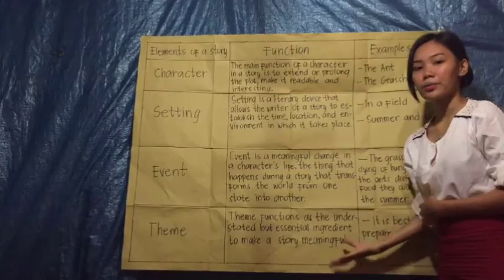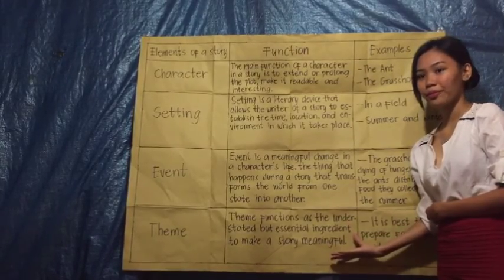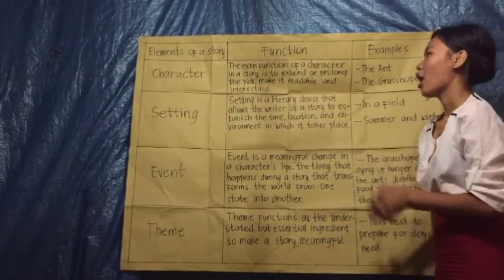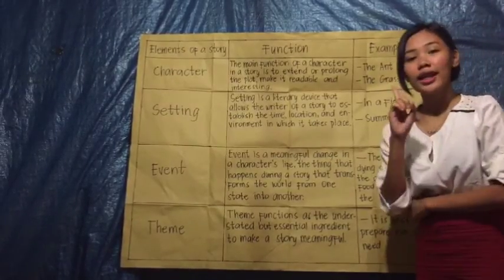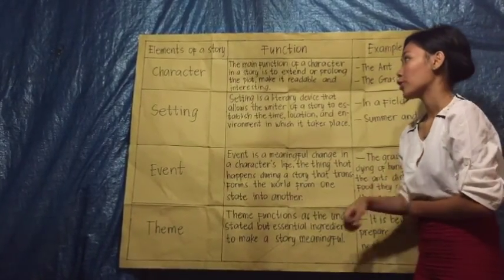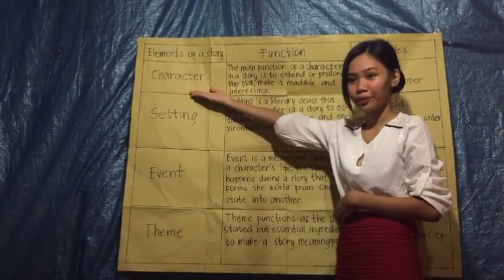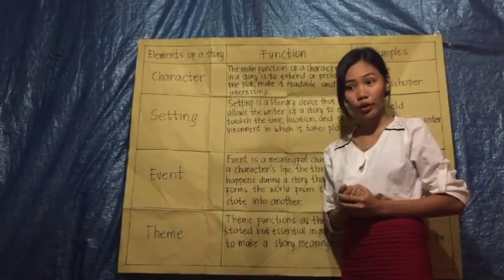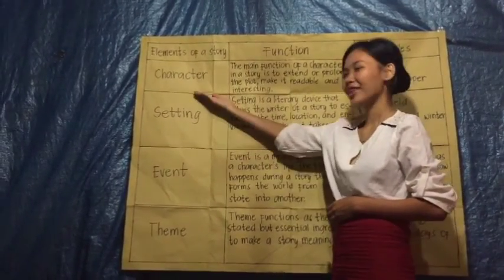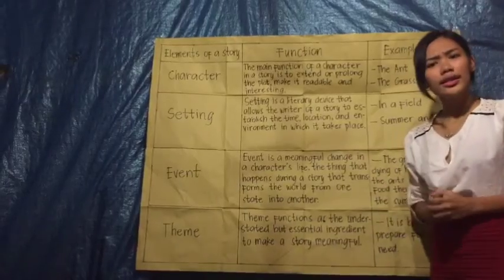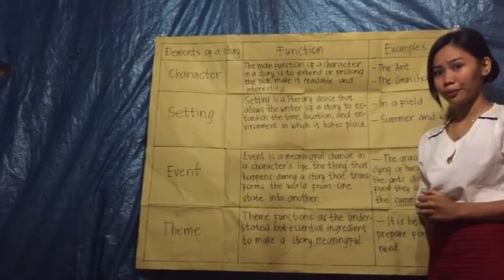Can you clearly see my presentation, class? Thank you very much. For the first element of the story, we have here the character. Again, what is the first element of the story? Character, very good.